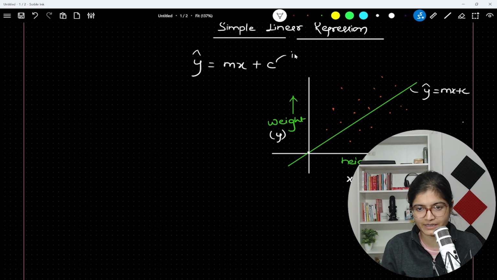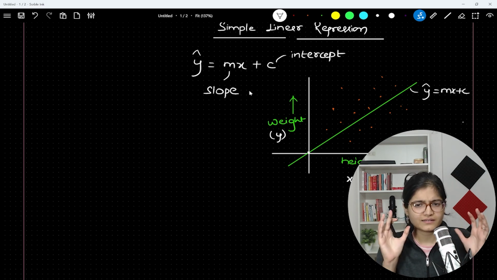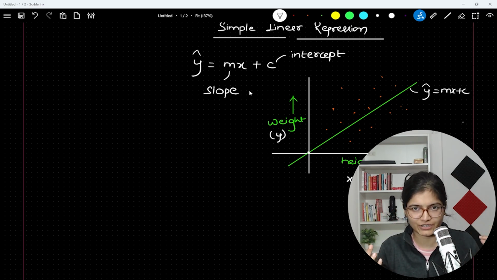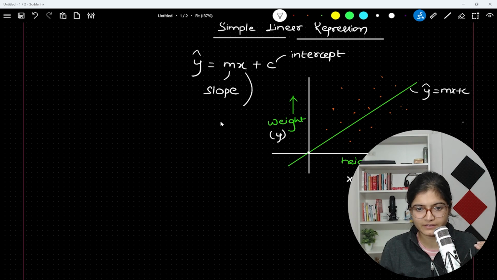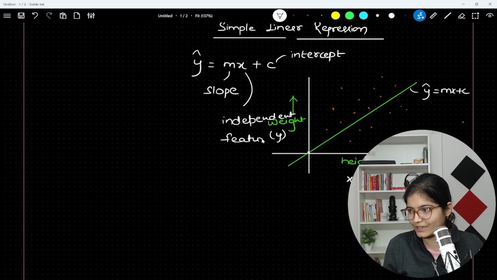C is nothing but the intercept, and m is nothing but the slope of a line, right? This is an example of a simple linear regression. All the mathematical part, I have tried to explain with the help of this single independent feature only, right? Here this x is the independent feature that we have.